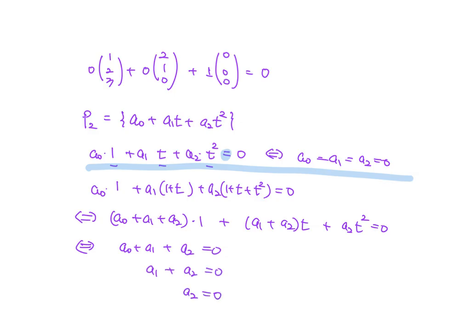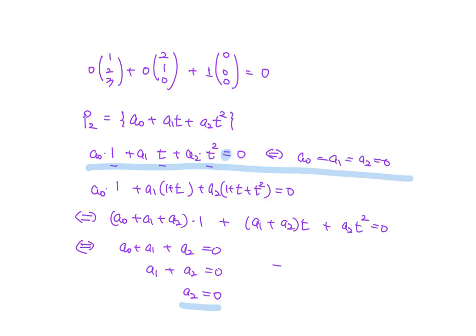Since the third row implies that a2 is 0, if I combine that fact with the second equation, because the value of a2 is already 0, the second equation implies that a1 is 0. If a1 and a2 are both zeros, then the first equation shows that a naught is also 0.